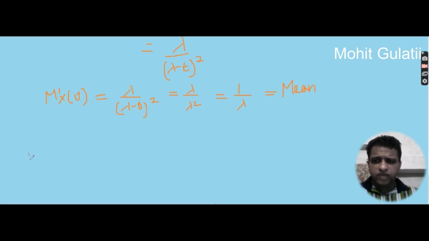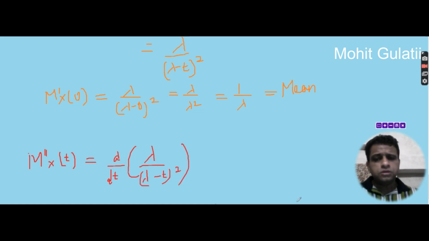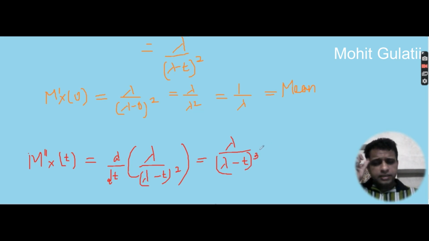So M double dash X(t) is d by dt of lambda over (lambda minus t) square, which will be 2 lambda over (lambda minus t) cube.